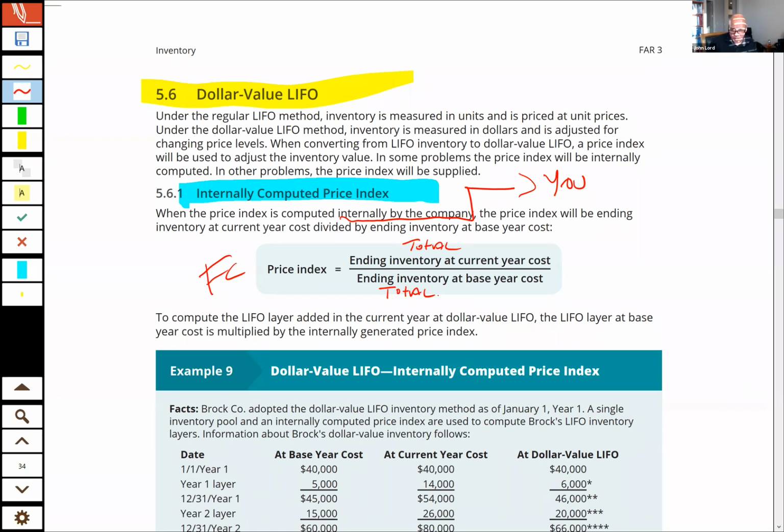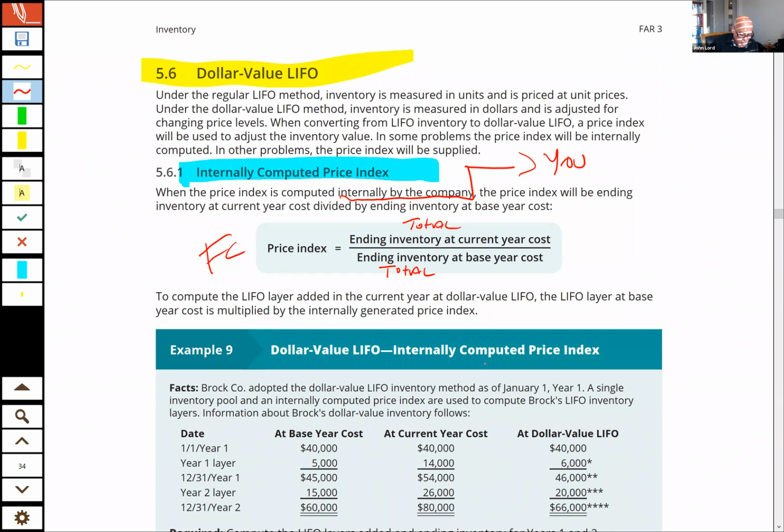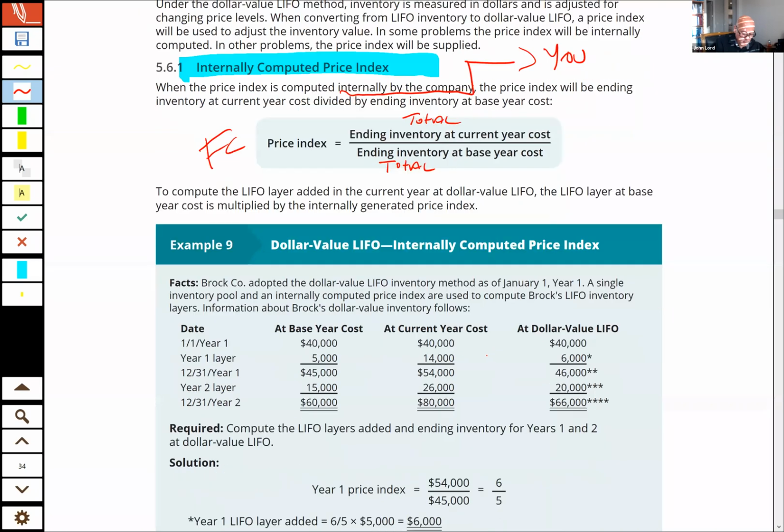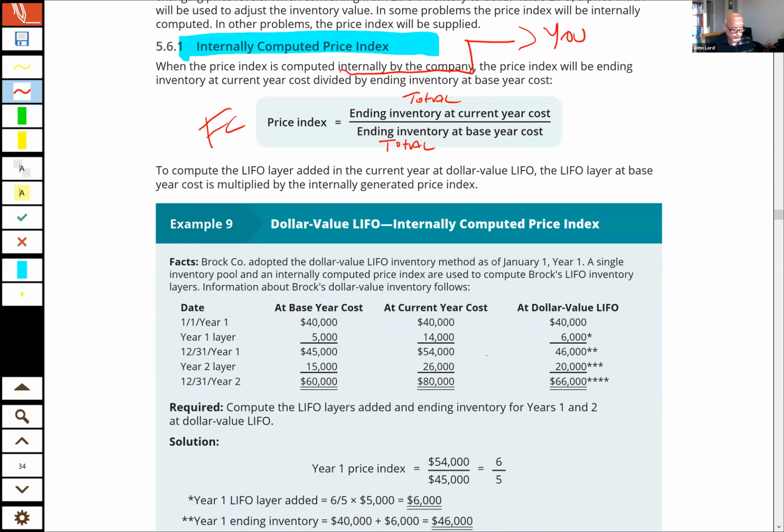They're going to have to give you both of those so that you can calculate the price index. So when you look at this example, okay, flashcard that price index, but let's take a look at this example. And notice they give me base year, they give me current year. They have to give you that to calculate the index, okay?